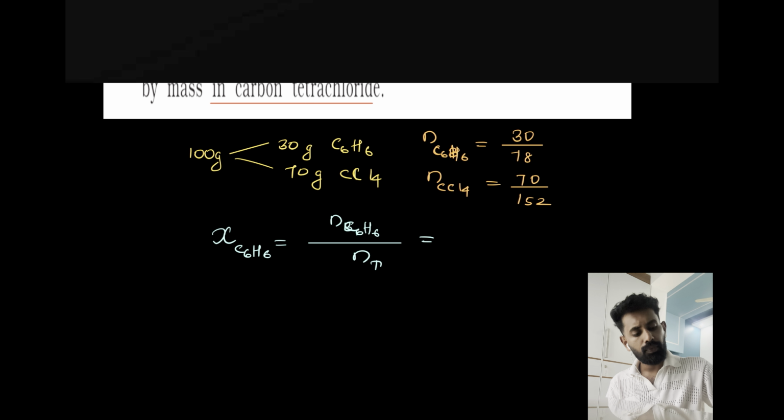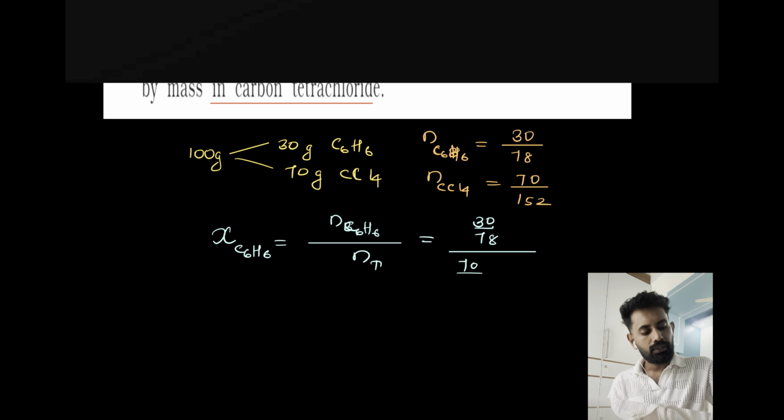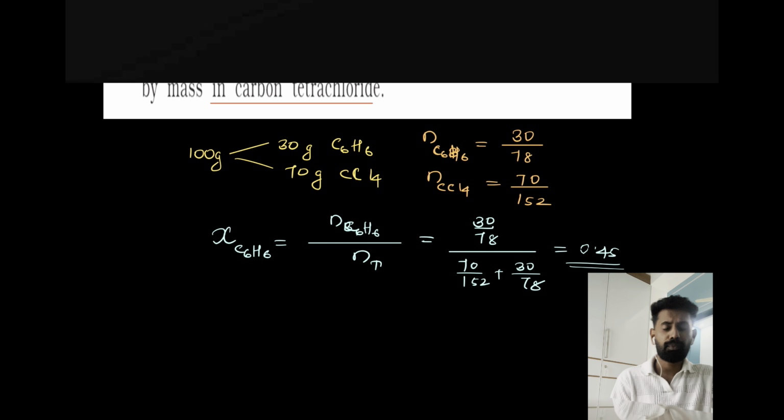So which will be 30 by 78 over 70 by 152 plus 30 by 78, and this is approximately 0.45. Okay, so this is the mole fraction of benzene. And in case you want to calculate the mole fraction of CCl4, you just have to subtract this 0.45 from 1. That will get you the value of mole fraction of CCl4.